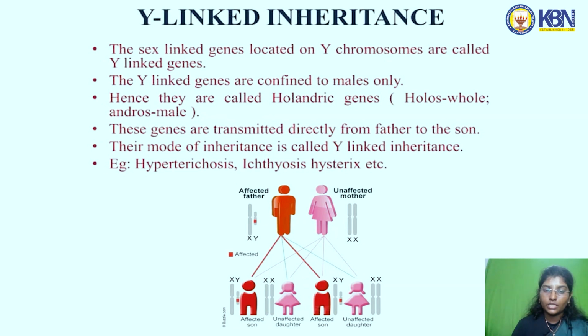Here we can observe that if the father is affected by hypertrichosis and the mother is unaffected, and they are crossed, then all the sons among their offspring will be affected, while the females will not be. This disorder is carried only by the Y chromosome, which can only be transferred to sons.